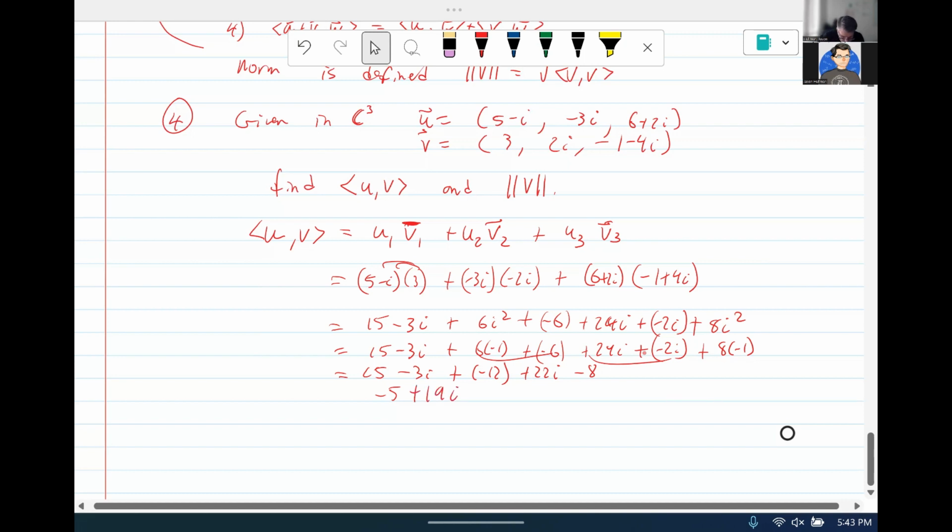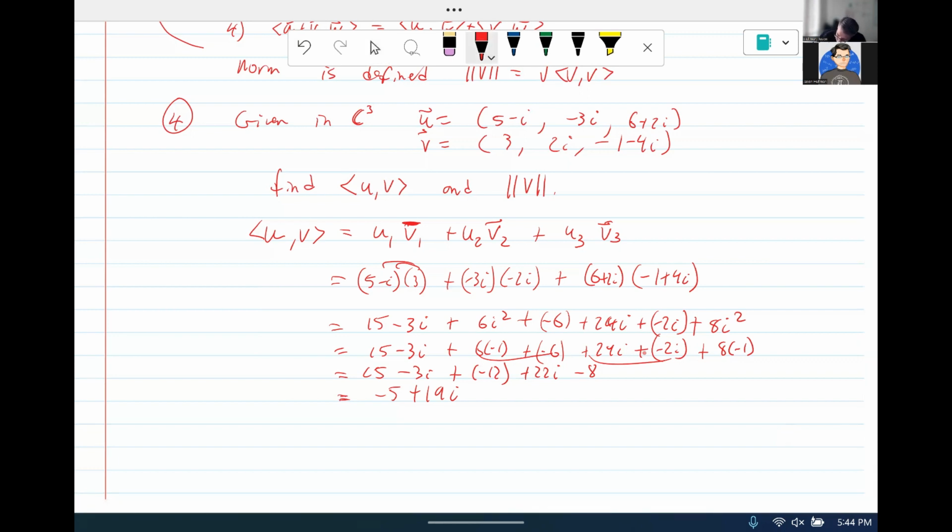Perfect. And that would be the inner product of uv for these complex numbers.